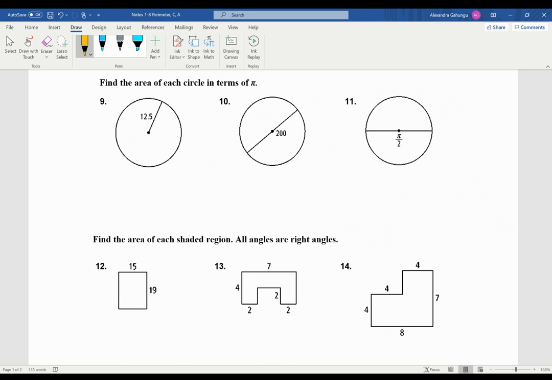So our area of our circle, and we want to leave it in terms of pi. So area is pi times the radius squared. So I take a pi times the radius, and it looks like they gave me a radius this time. So 12.5 squared.